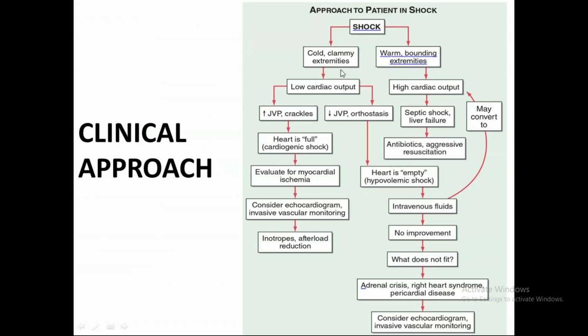So again, shock, cold extremities, and there is low cardiac output, right? This plus increased JVP and crackles or creps in the lungs simply means it's a cardiogenic shock. While on the other hand, if the JVP is decreased, that will mean the heart is empty. It's a hypovolemic shock. Okay.